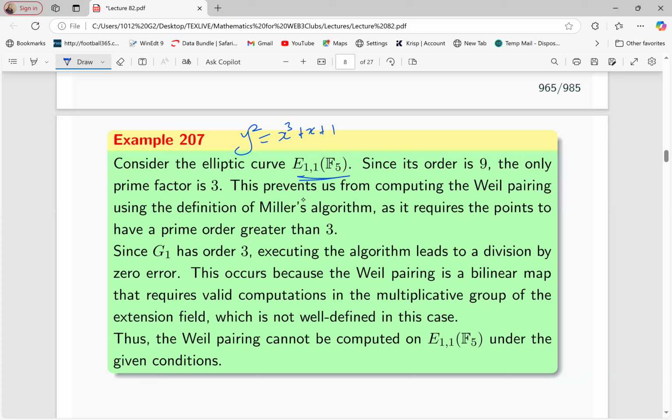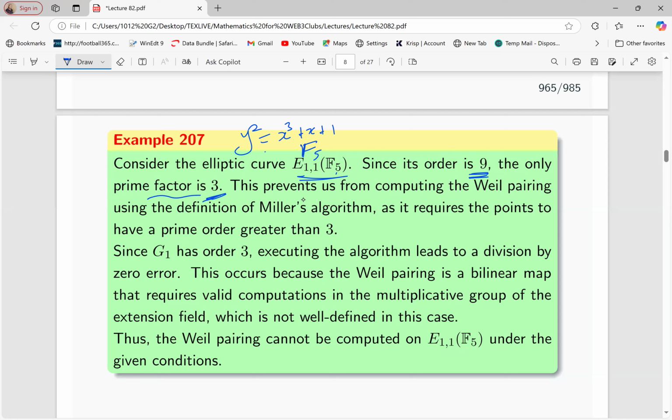This is done over F5. And we discovered that this elliptic curve has only 9 points. So the order is 9. So the only prime factor would then be 3.